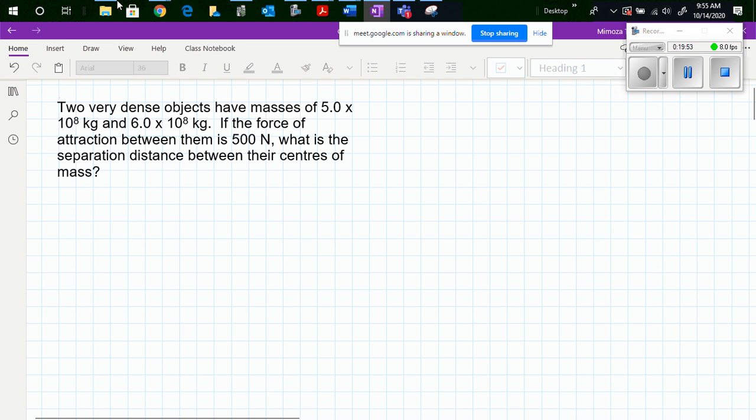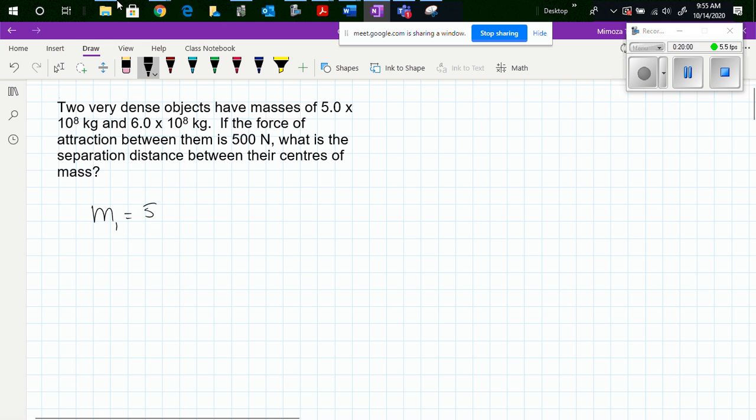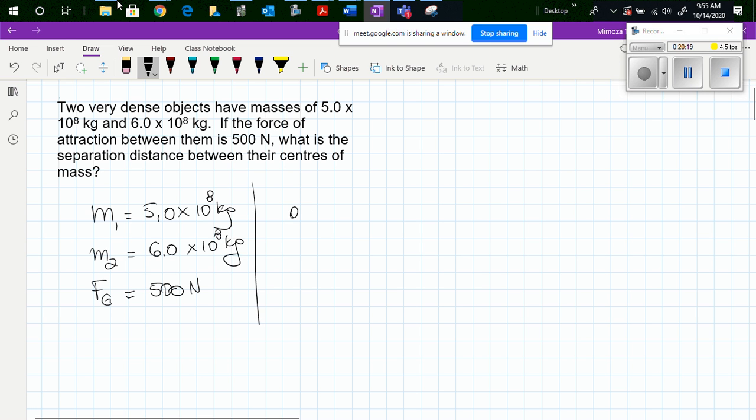So what is given here is that mass 1 is 5.0 times 10 to the power of 8 kilograms. Mass 2 is 6.0 times 10 to the power of 8 kilograms. And the force between them, the universal force of gravity, is 500 newtons. And what they are asking for is the distance, D or R, between the two centers.